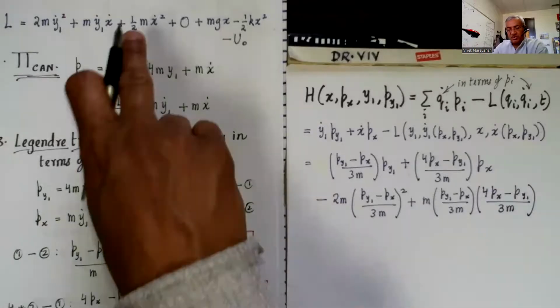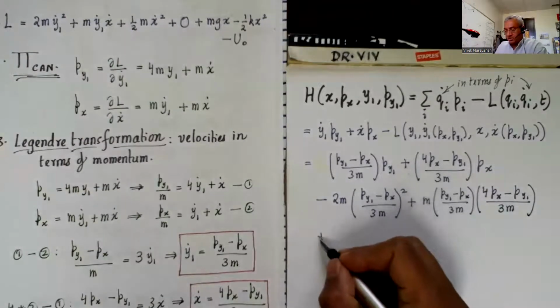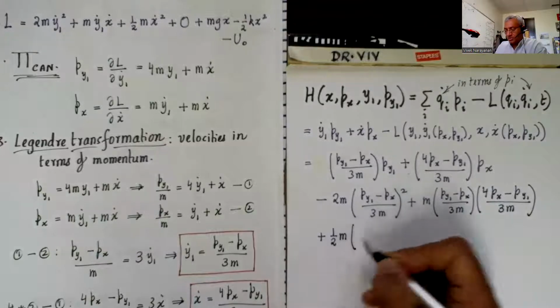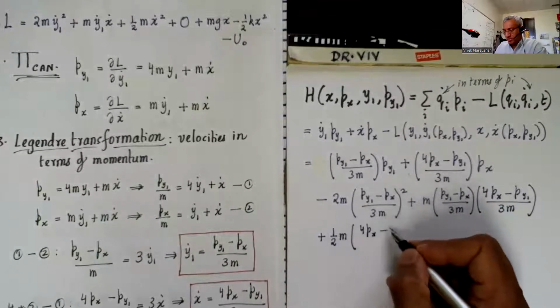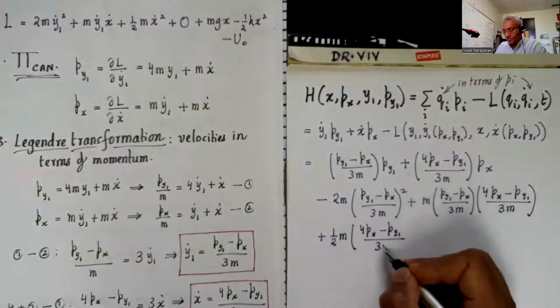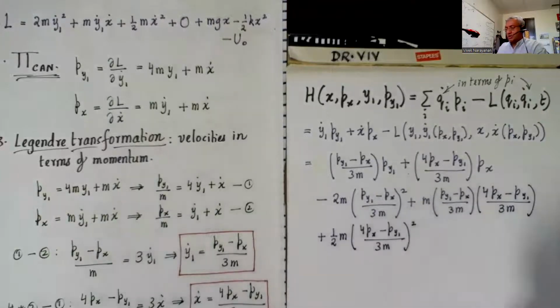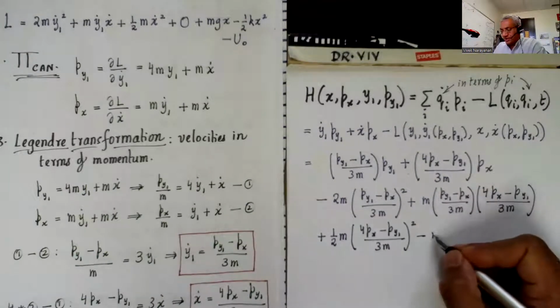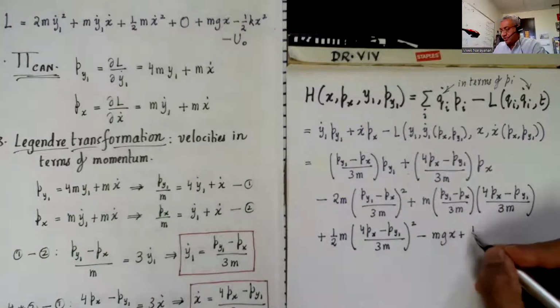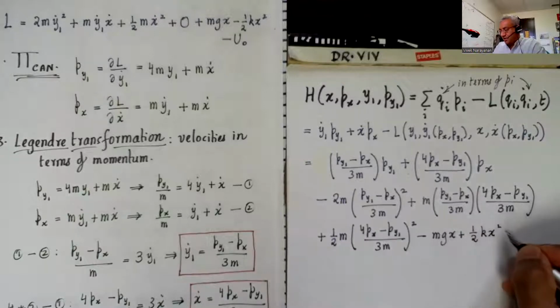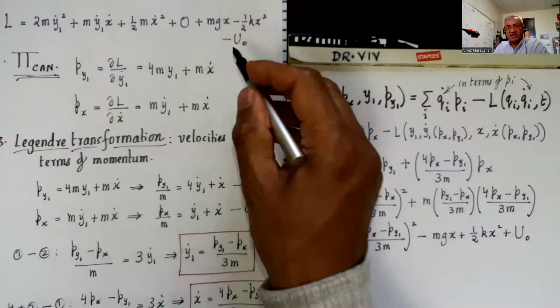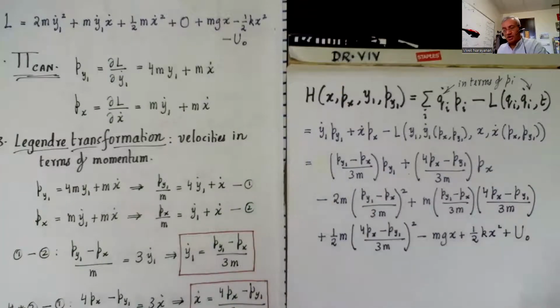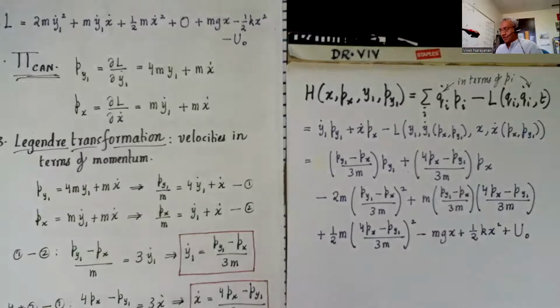And then I have this term here, 1/2 mx dot squared. And then the terms after that are just potential energy terms, but don't forget the minus sign. So I get minus mgx plus 1/2 kx squared. And my motivation to define this as negative u naught becomes apparent because now I just have plus u naught.